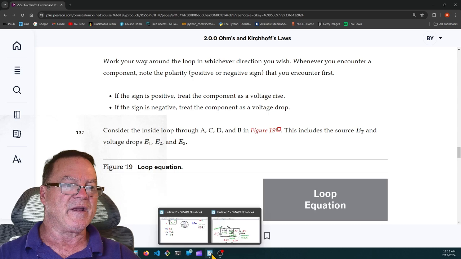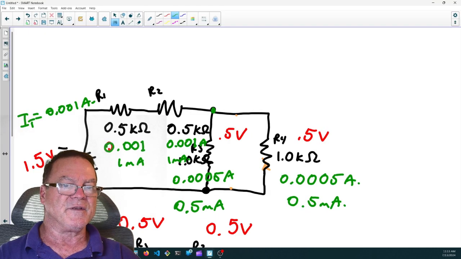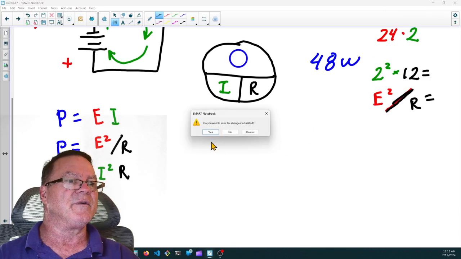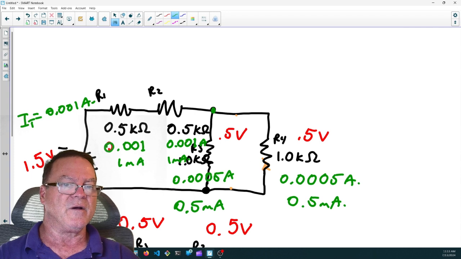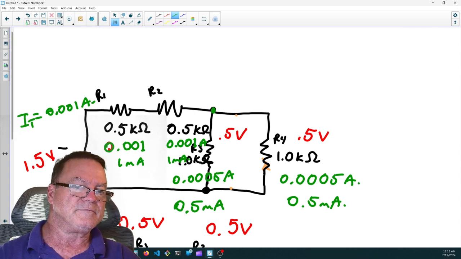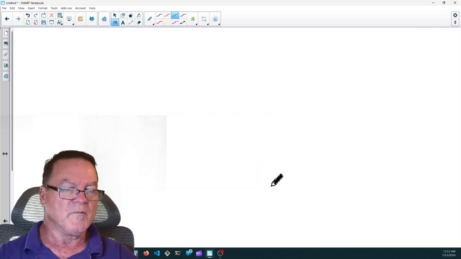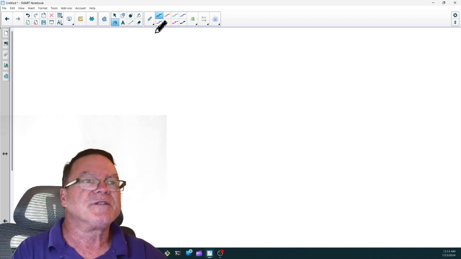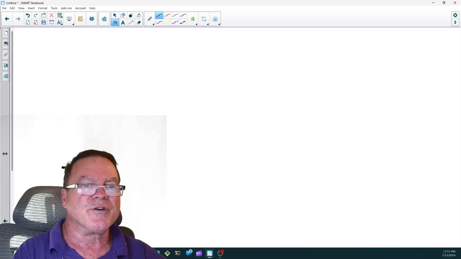Let's see if we can take a look at this. I'm not sure why I have two of these. I'm going to get rid of one. There we go. All right. Well, let me just have a quick discussion about Kirchhoff's voltage law.